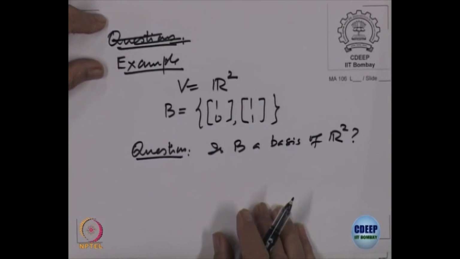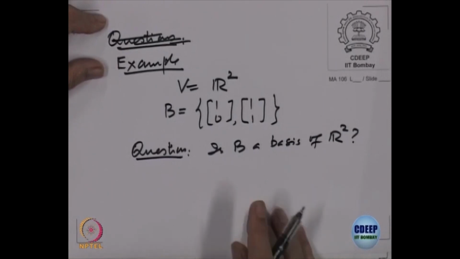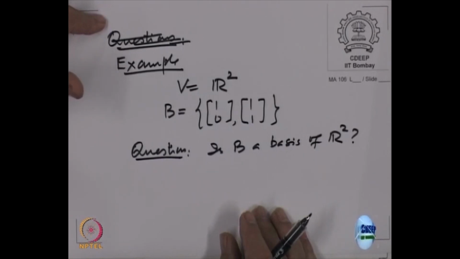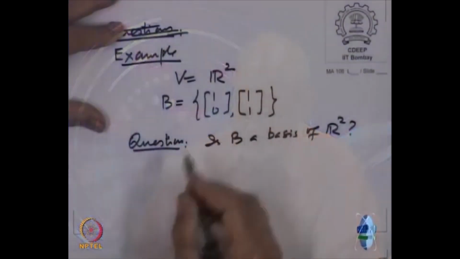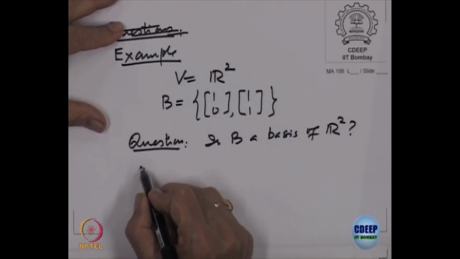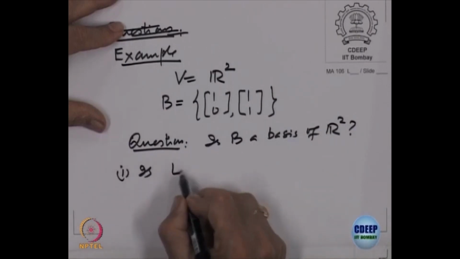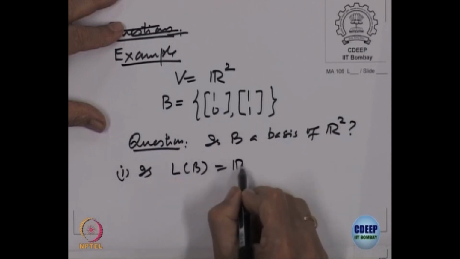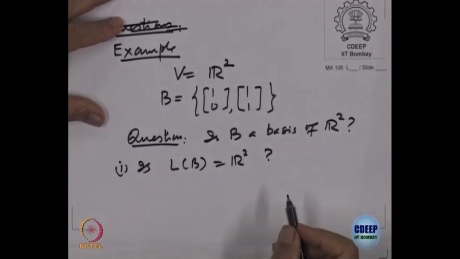If you want to check whether it is a basis or not, according to my definition, first, it should span R 2. That means every vector in R 2 should be a linear combination of these two vectors, and second, if I drop one of them, then I should not be able to get the whole thing. Okay. So, let us check. First, is L of B equal to R 2? That is the question.